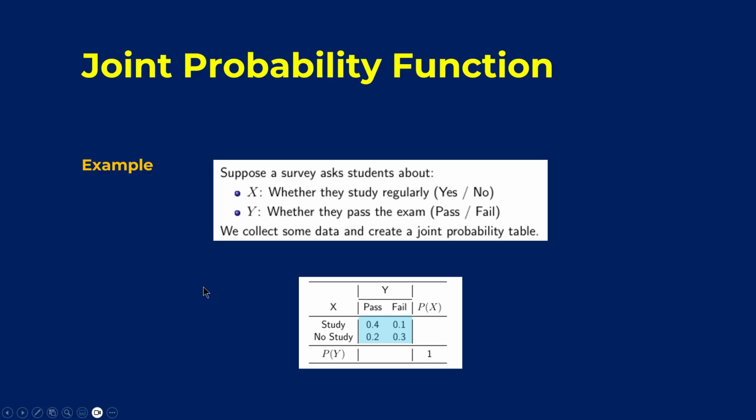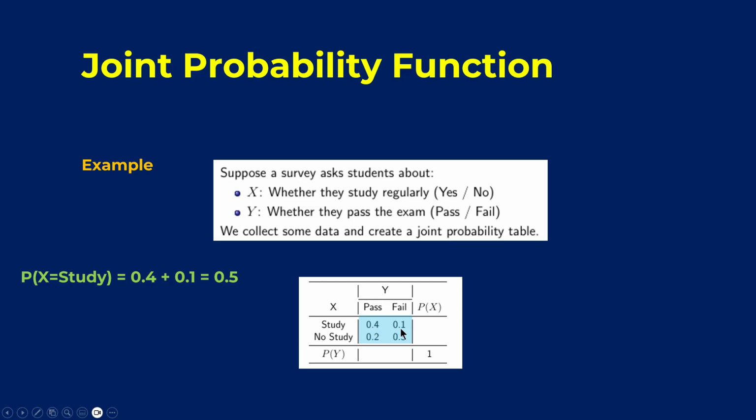Now, what we want to do here is calculate these marginal probabilities, and that's what we will see in this slide: how to calculate and populate these marginal probabilities and fill this table. So let's start with row number 1, when x is equal to study, and calculate the marginal probability. In this case, we simply add the probabilities in the first row.